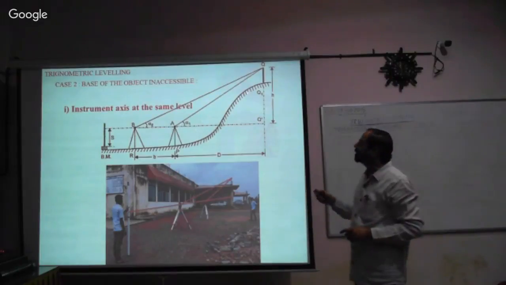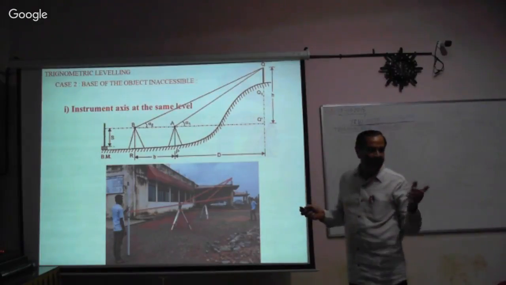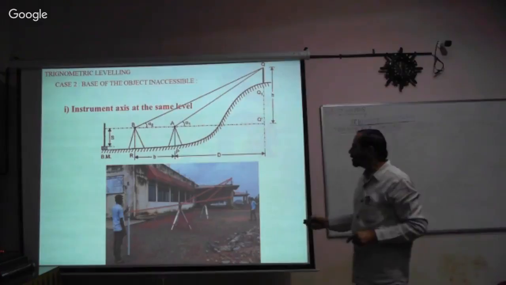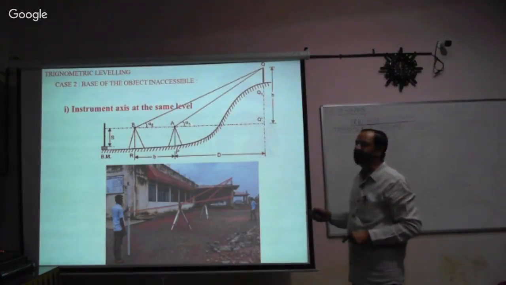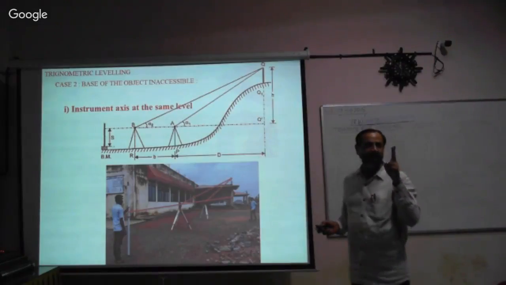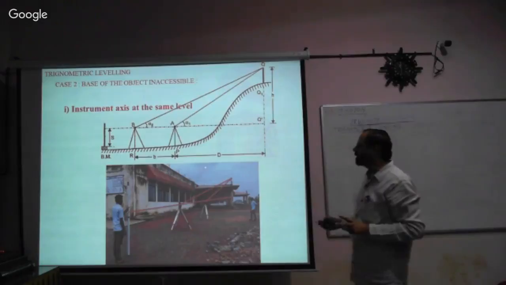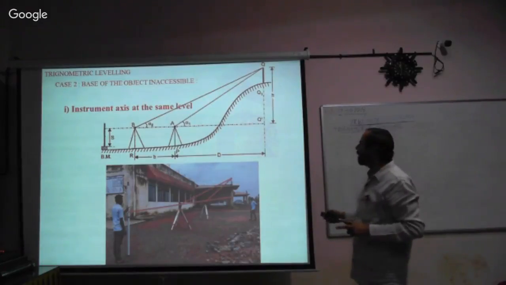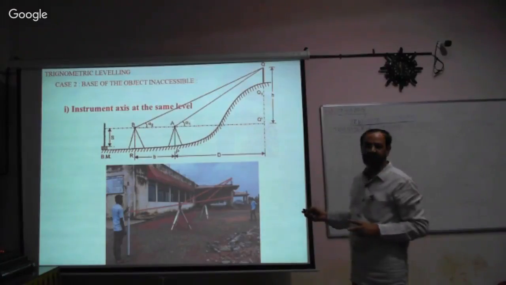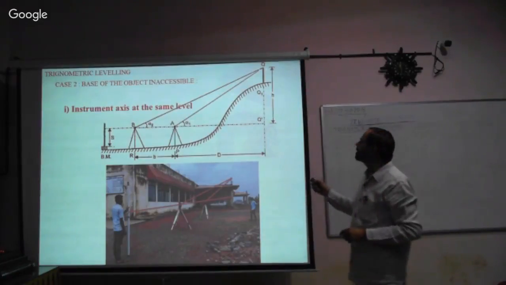But here H is not known, we need to calculate, and D is also not known, we need to calculate. We have only the data alpha 1, isn't it? We have one equation and 2 unknowns. One equation, that is H is equal to D tan alpha 1, by considering this triangle.